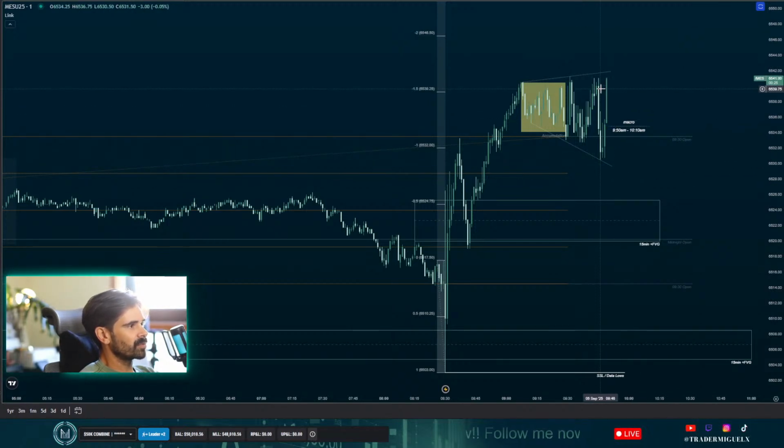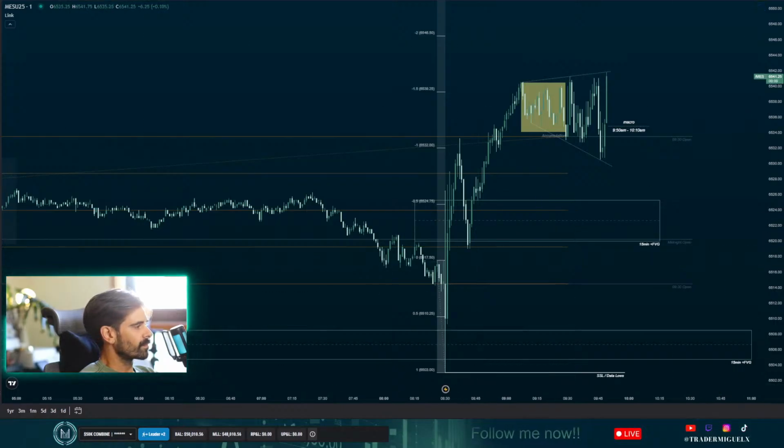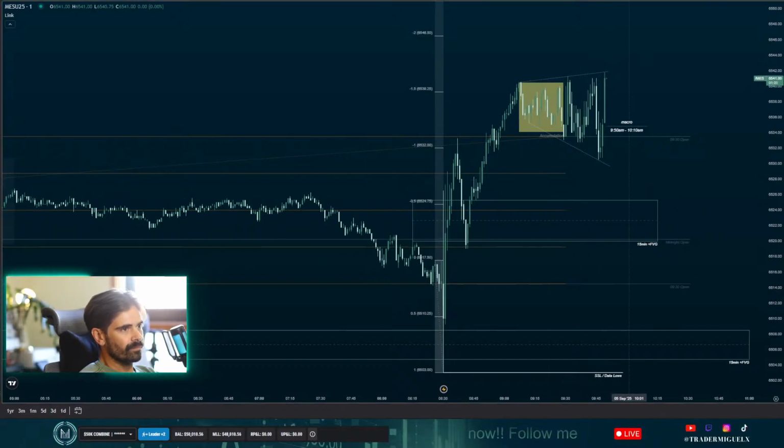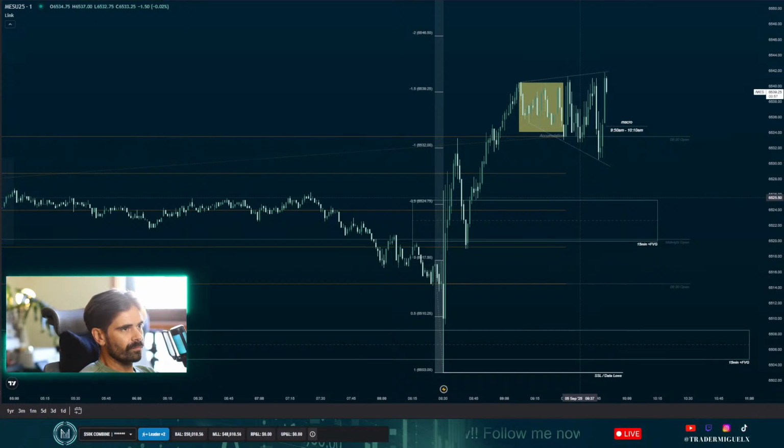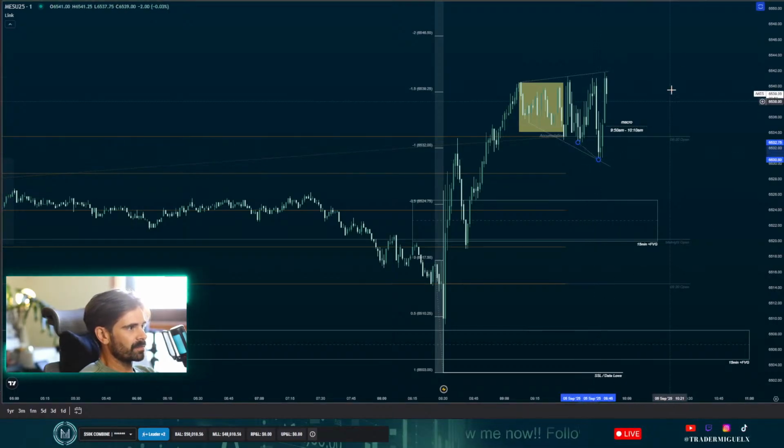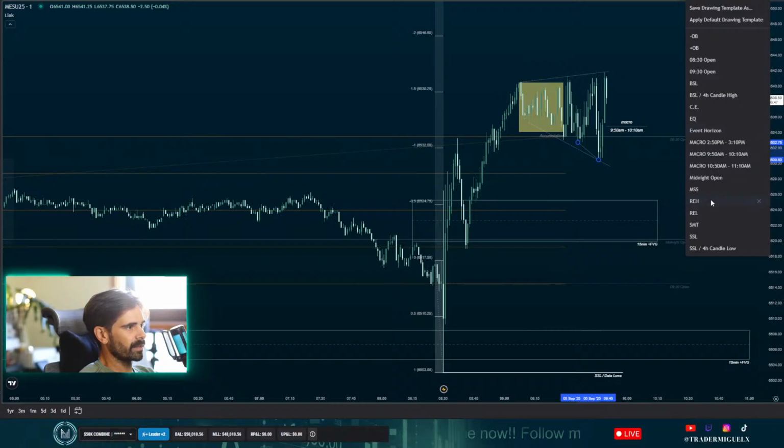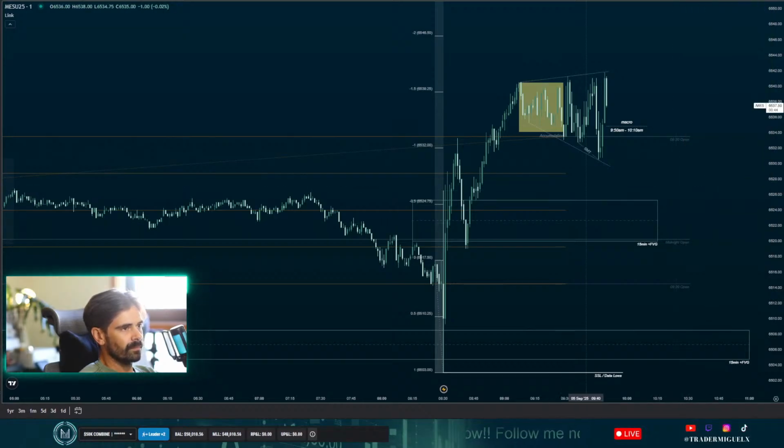Nice displacement to the downside, to the upside. I don't think this is enough for manipulation, but it can be. Right now I see some sort of SMT here in between ES and NQ on the lower time frames.